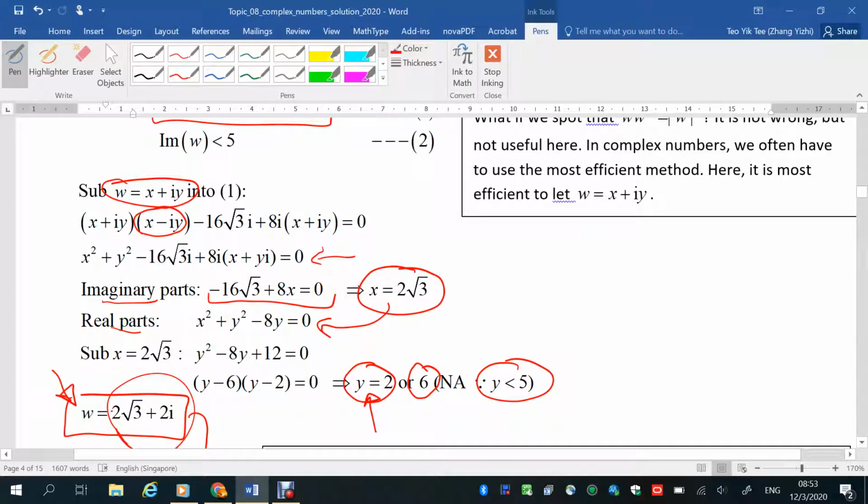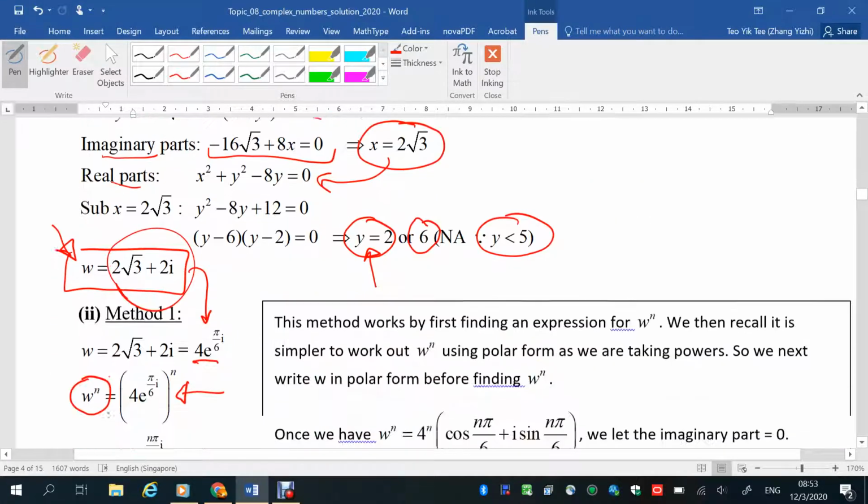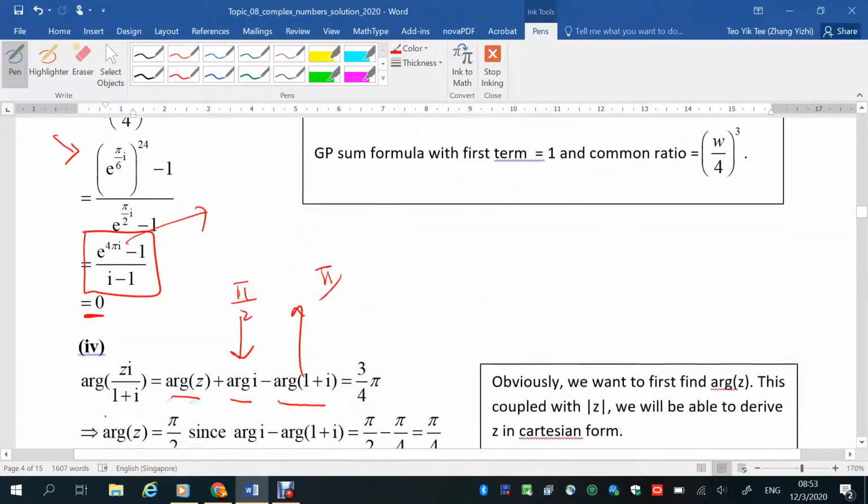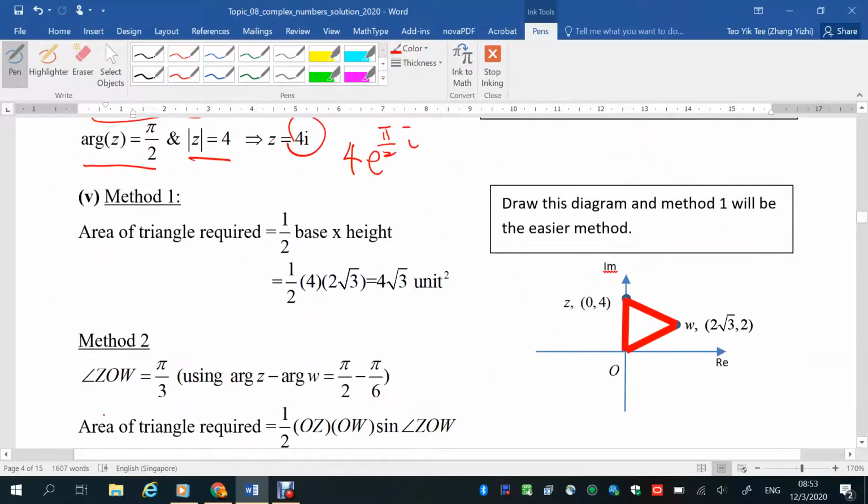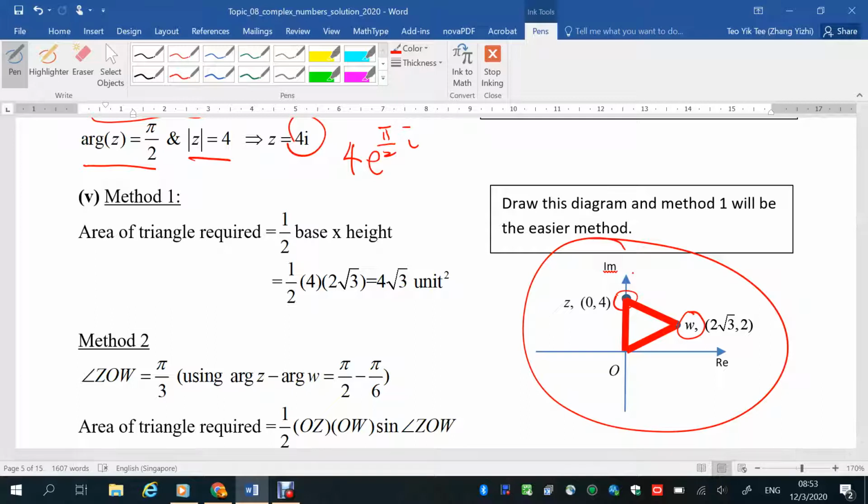What you need to do now is display this on an Argand diagram. If you were to display this on an Argand diagram, something like that will happen. Okay, draw it on an Argand diagram. This is where W is. This is where Z is. You're supposed to find the area of this triangle. Area of triangle, nothing really fantastic: it's half base times height, or half ab sin θ.